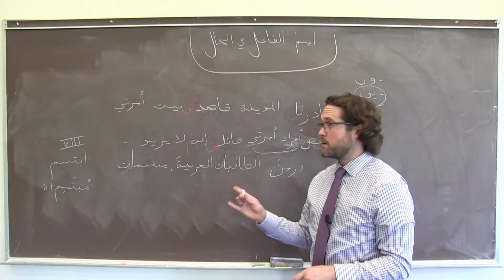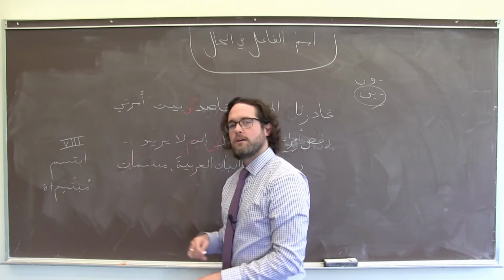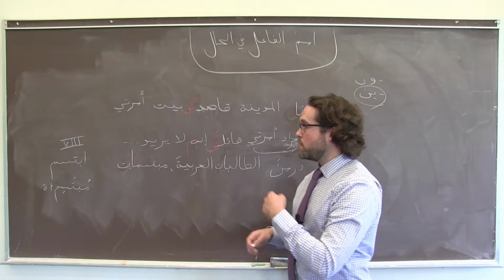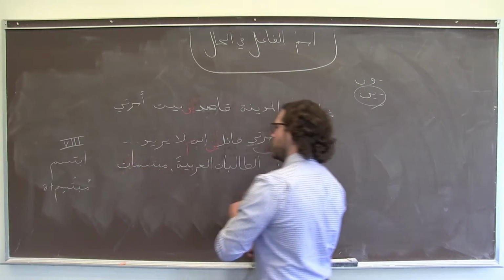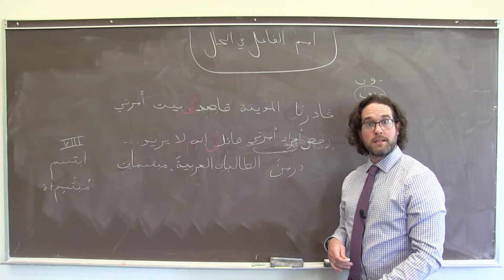Remember that the feminine plural only has two sets of case endings. It's either marfu'a with dhamma or majroor or mansoob with kasra. So all of the female students studied Arabic mubtasimat, smiling.